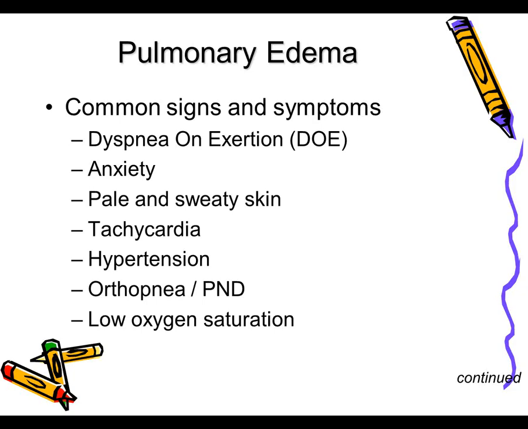And they may suffer what's called paroxysmal nocturnal dyspnea, or PND. Paroxysmal comes on suddenly, nocturnal at night, dyspnea, difficulty breathing. So a sudden onset of difficulty breathing at night is something that you'll see with pulmonary edema, and it'll wake them up from their sleep.